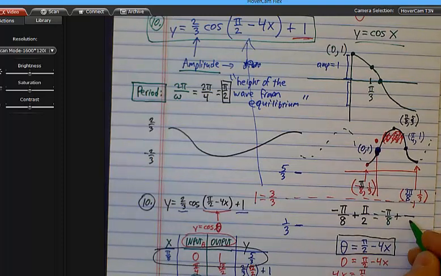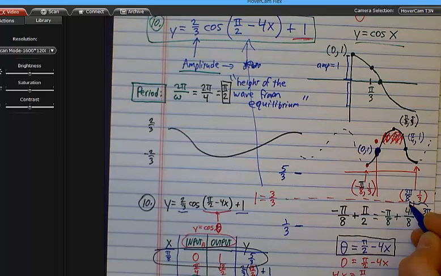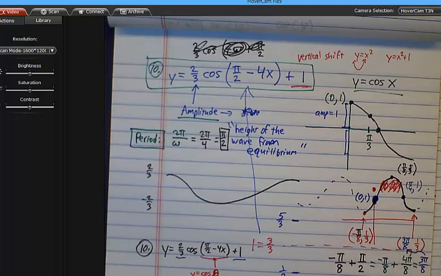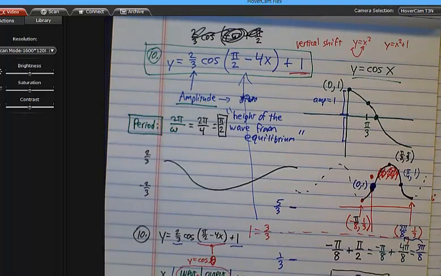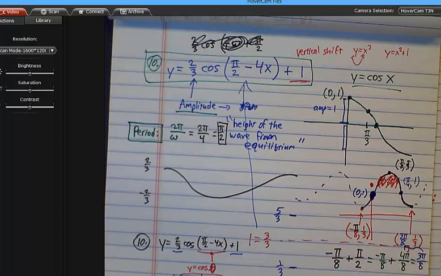How many eighths is it? 4 pi over 8, and you get, which is exactly what I said you would get. There it is, 3 pi over 8. It's a long time to spend on one problem. I understand that. But I wanted to do one of the more complicated ones to hopefully make some of the easier ones go more quickly.